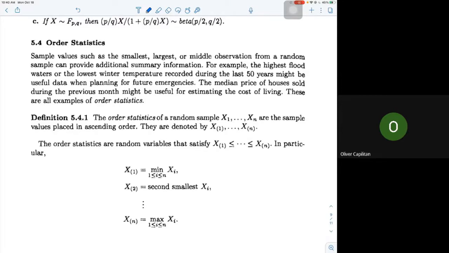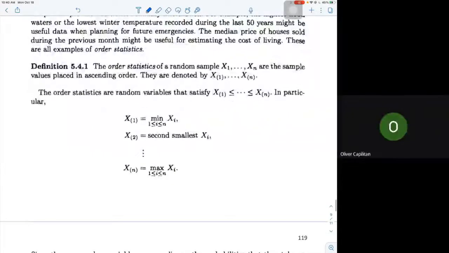So the formal definition: we have a random sample, X sub 1 up to X sub n. If we place this in ascending order, we denote it by these notations: X sub (1) up to X sub (n). And we call these the order statistics.